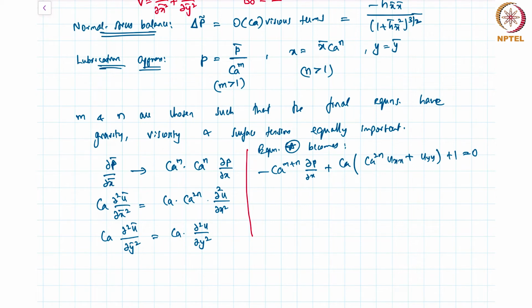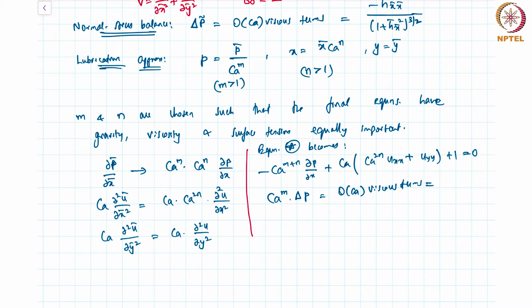at least we can make sure that we also write down the normal stress balance, and the normal stress balance simply becomes capillary power m times p, again of order capillary times viscous terms. These are small terms, so I'm not bothered about them.